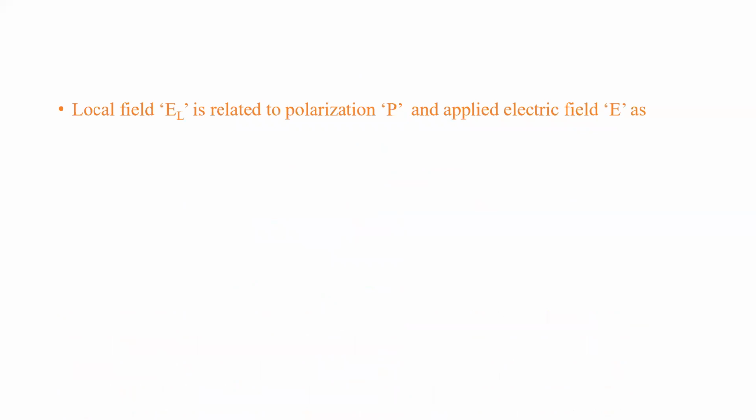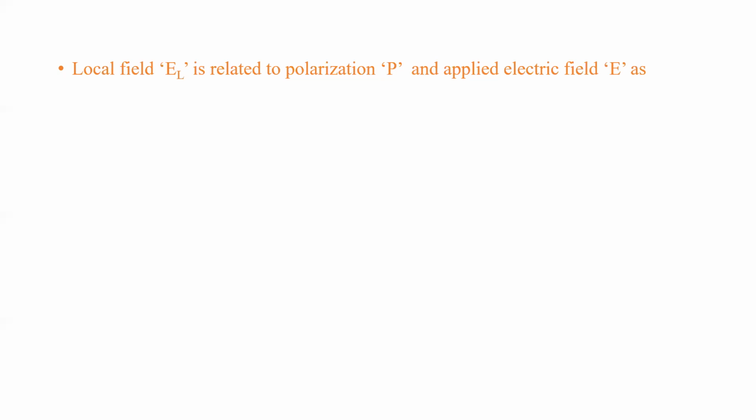Here the local field El is related to polarization P as well as the applied electric field. The local field is the resultant of the internal electric field as well as the applied electric field.